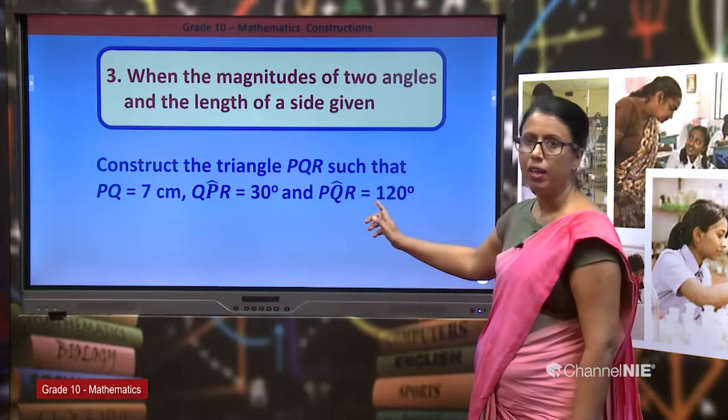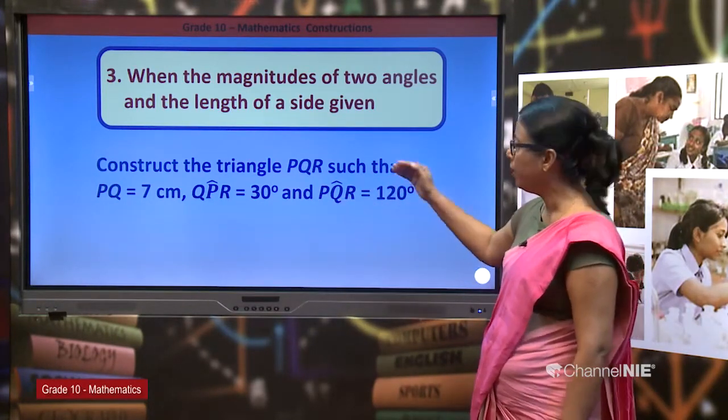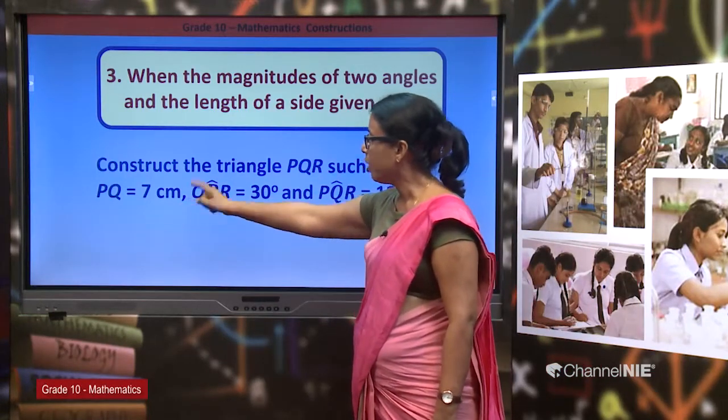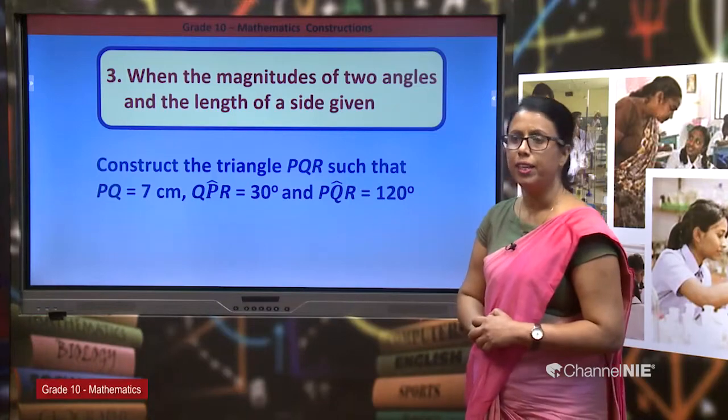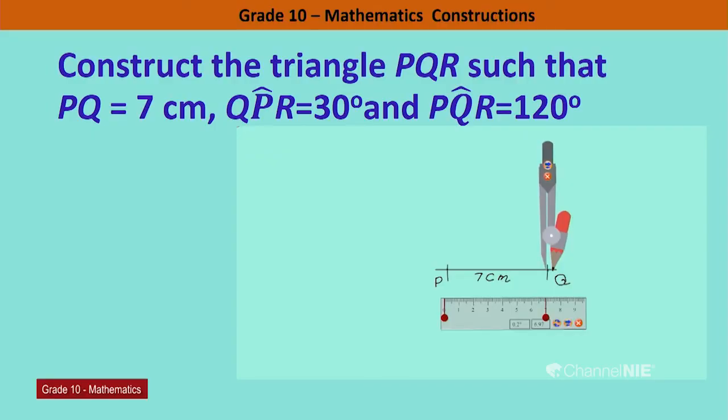So, let us construct a triangle when the two angles and a side are given. So, we will start from this line. Get ready with me. Construct PQ equals 7 centimeter line segment. Next, we have to construct 120 degree on Q. You can take any radius, keep the steel point on Q, draw an arc.